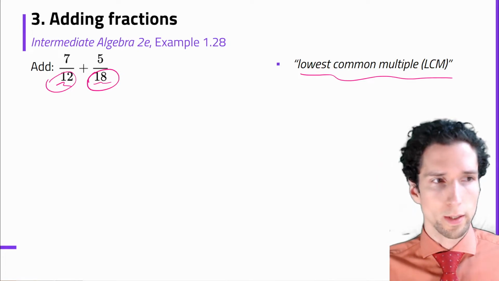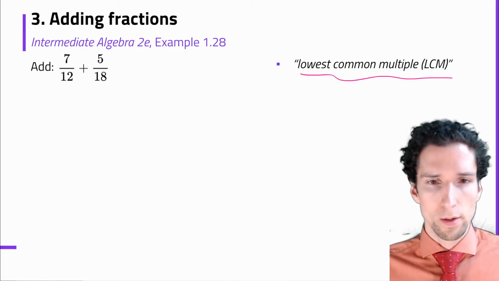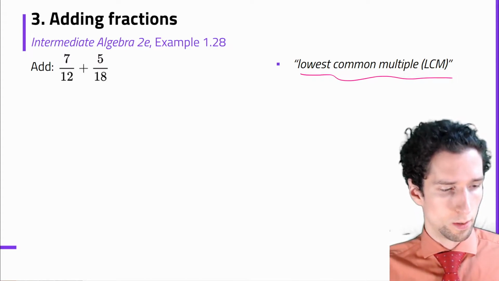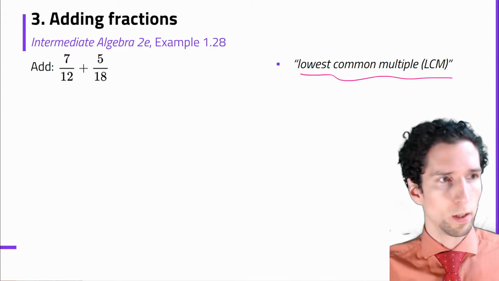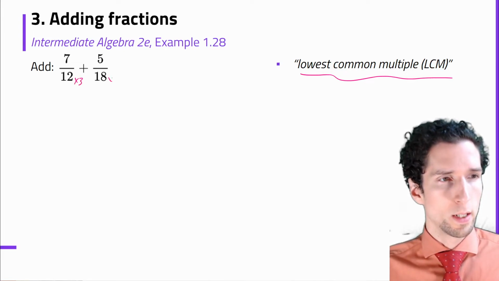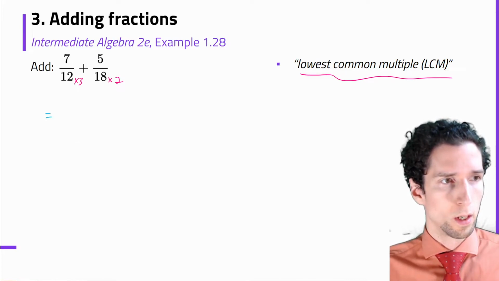How can we do that? We might notice here if we did 12 times 3 and also 18 times 2, those would both give us 36. So we would change both of these fractions into something over 36.